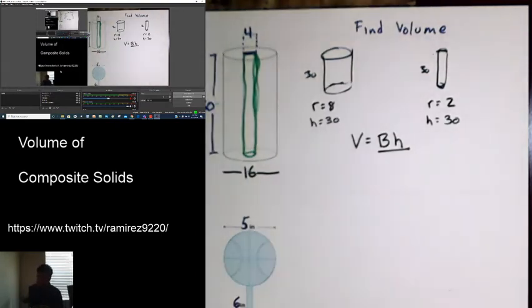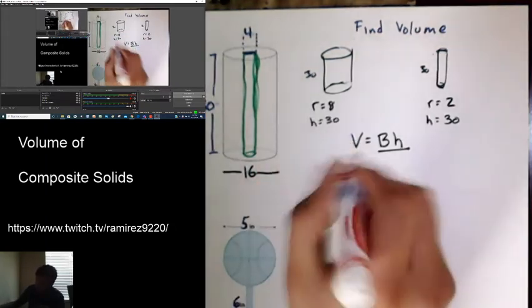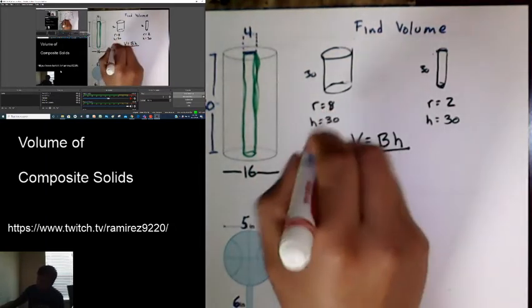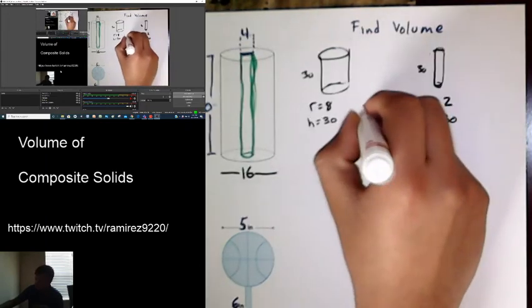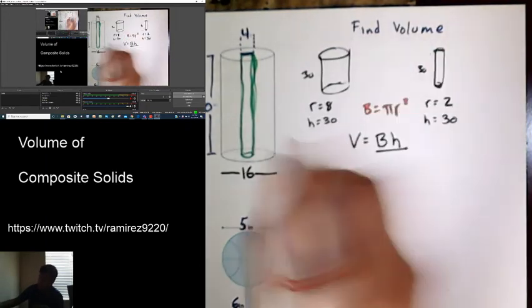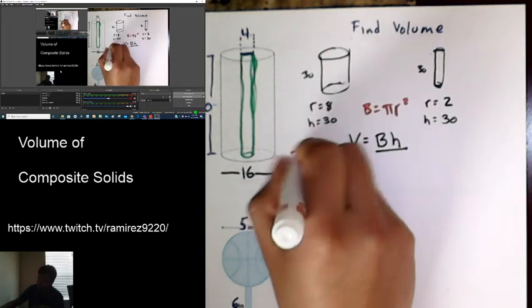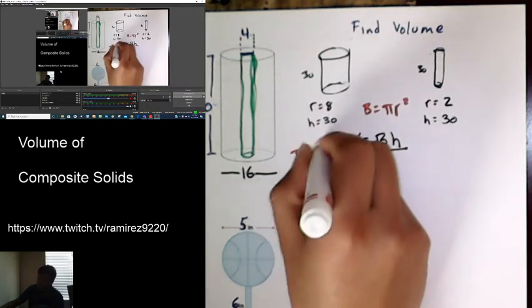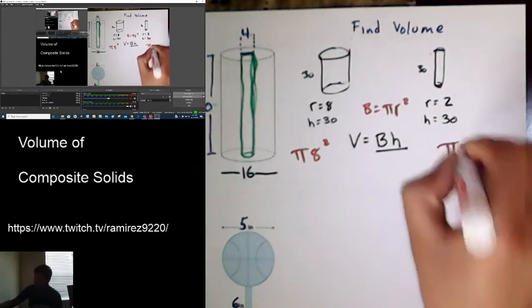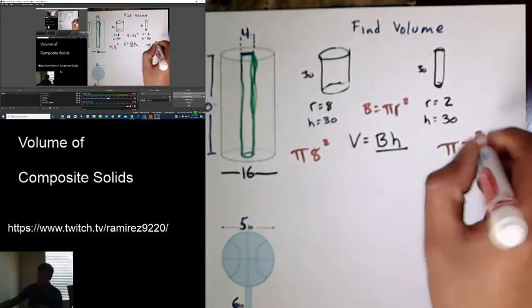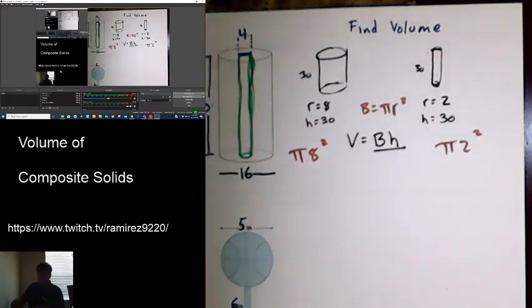If I want to find the volume of the bigger one, it's going to be big B, and since the base is a circle, big B is pi r squared. So I'm going to have pi times 8 squared for big B. On this one, I'm going to have pi and 2 squared. And they're both going to be multiplied by 30.